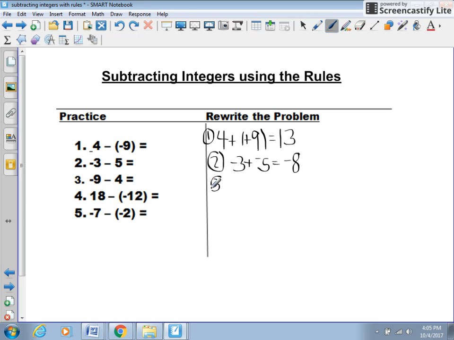For number 3, if I rewrite the problem, I have negative 9 plus negative 4. Again, both numbers have the same sign. 9 plus 4 is 13. I'm going to bring my negative, and my answer is negative 13.